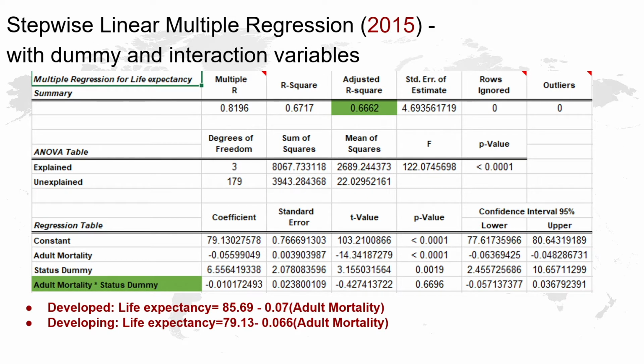We also carried out the similar stepwise multiple regression with dummy and interaction variables, and we came to the conclusion that developed countries would have higher life expectancy than developing countries, and adult mortality would not really change that factor by much.